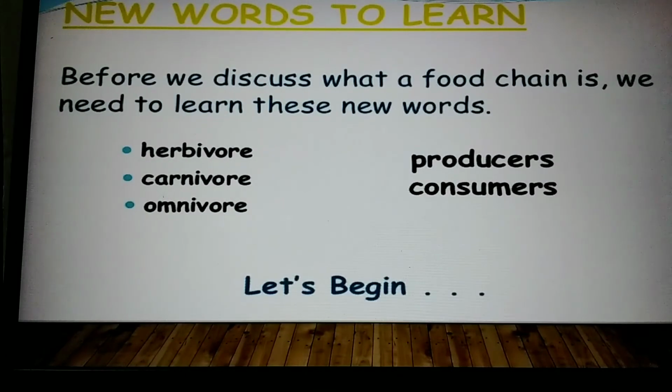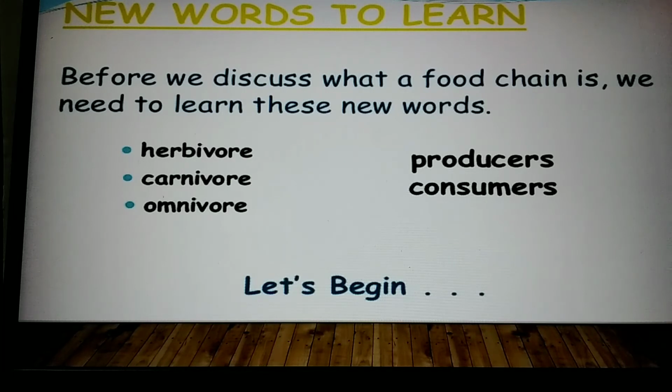Now, the new words. Before we discuss what a food chain is, we need to learn the meanings of these new words. Herbivore: living organisms which eat only plants and plant materials are called herbivores. What are carnivores?